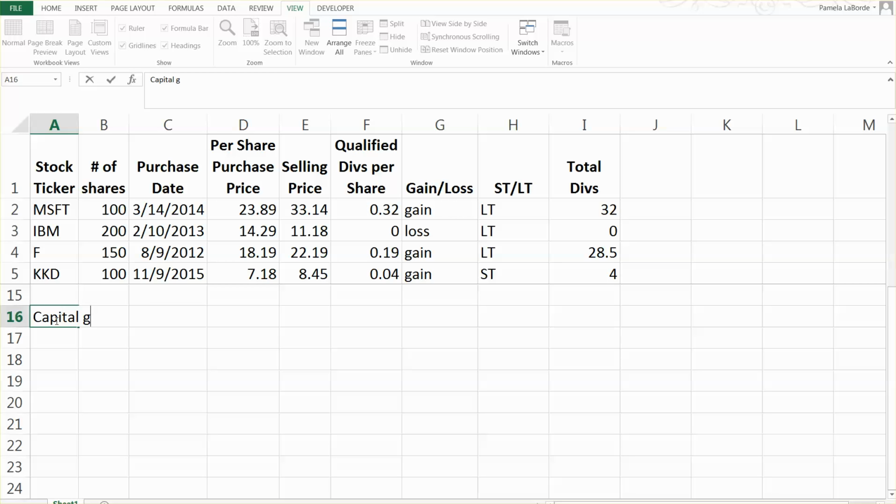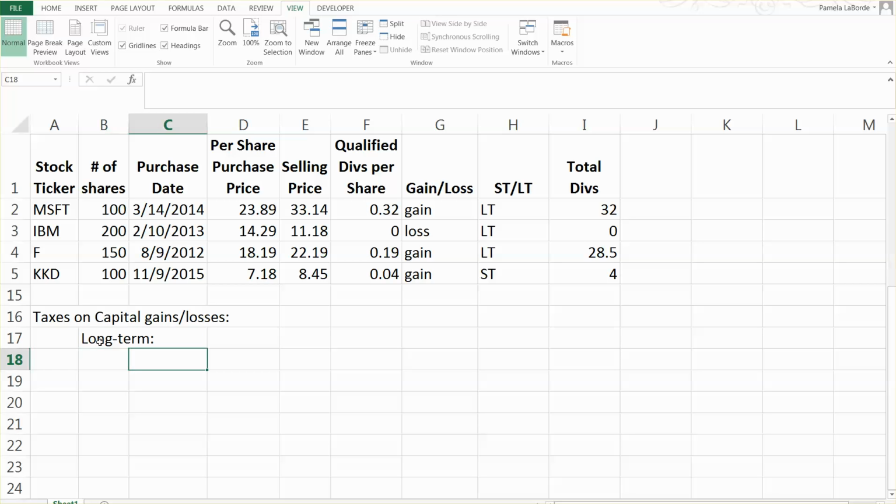So capital gains and losses, and it's technically the taxes on them. First, I'm going to do the long-term ones. And my long terms, I've got some gains and I've got a loss.